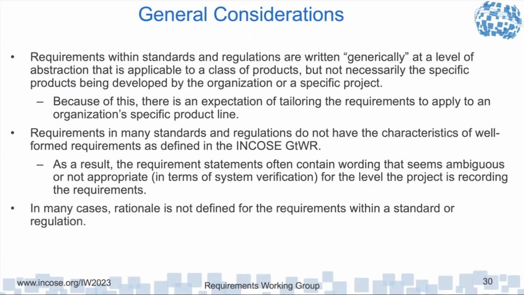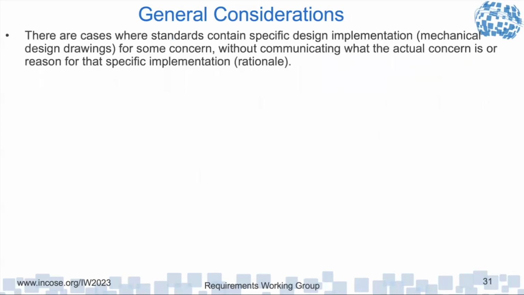In many cases, the standards don't include rationale that can help to understand what the intent is. I wish the standards organizations would pay more attention to the quality of the requirements contained within their standards. And the same with the regulatory agencies. They need to pay more attention to the quality of the requirements in the regulations. But I guess that keeps the lawyers employed dealing with all that ambiguity.